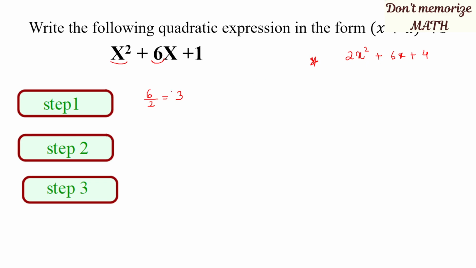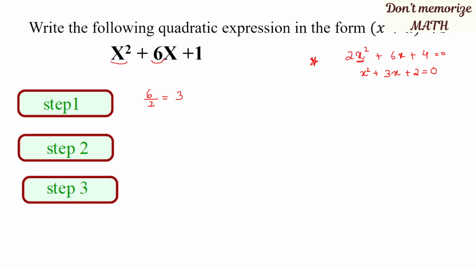You cannot directly use step 1, step 2, step 3. So first we need to change the coefficient of x square to 1. How? Divide all of them by 2. Then 2x square divided by 2 gives x square, 6x divided by 2 gives 3x, plus 4 divided by 2 gives 2, equal to 0 divided by 2, which is 0.